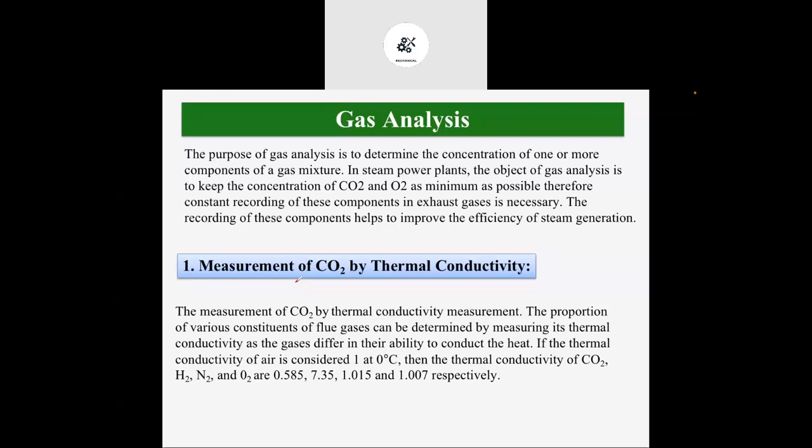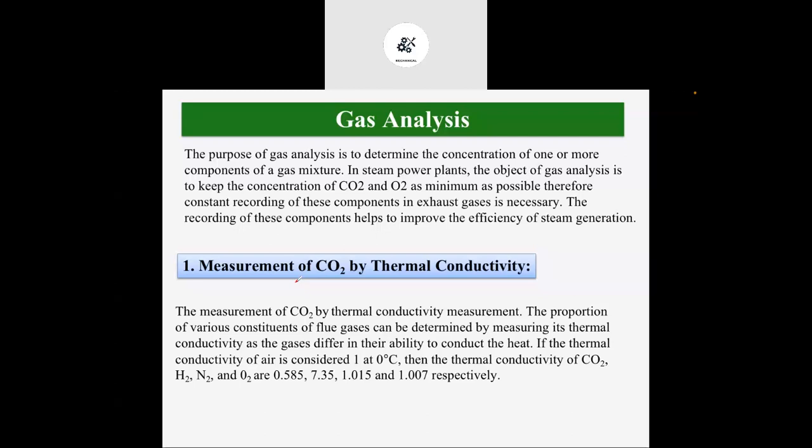Okay. Similarly, if the flue gases contain a larger amount of carbon dioxide, carbon monoxide, or free oxygen, it means that we are providing extra air or extra oxygen to the combustion process.